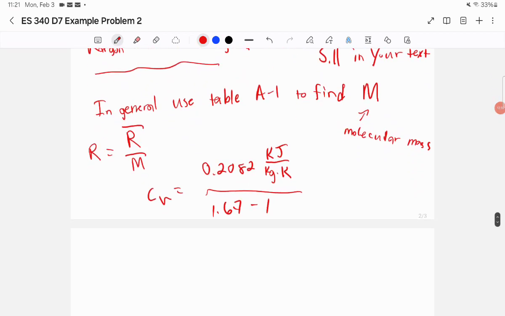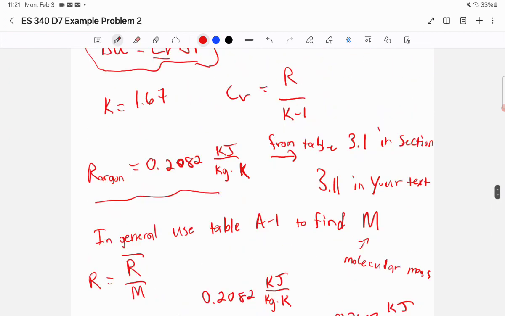And that has no units, because k is a ratio of Cv and Cp, which have the same units. So k has no units, and Cv is roughly equal to 0.3107 kilojoules per kilogram times Kelvin.